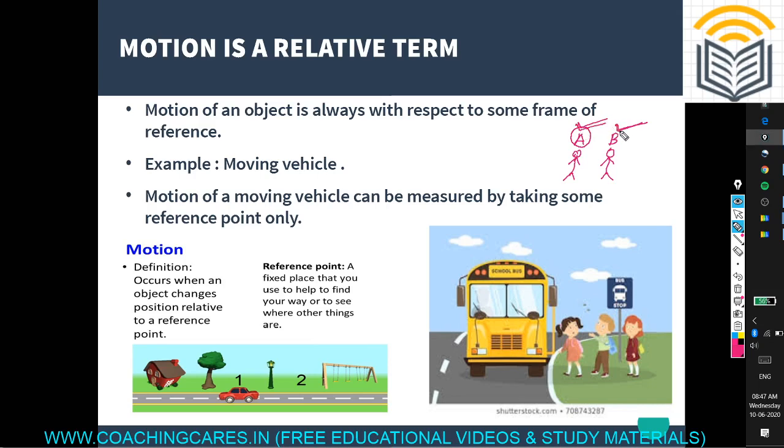So relative to A, B will not be in motion.